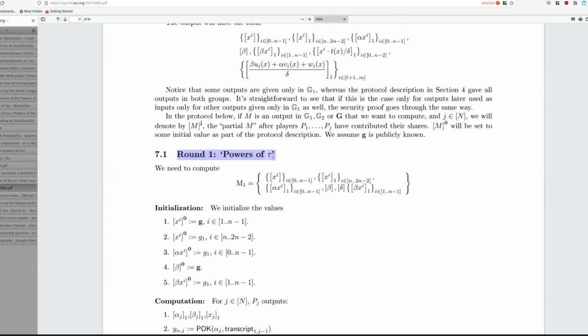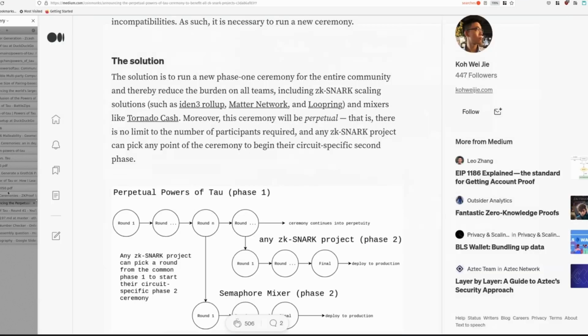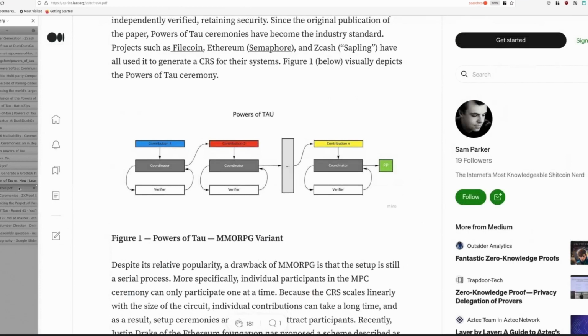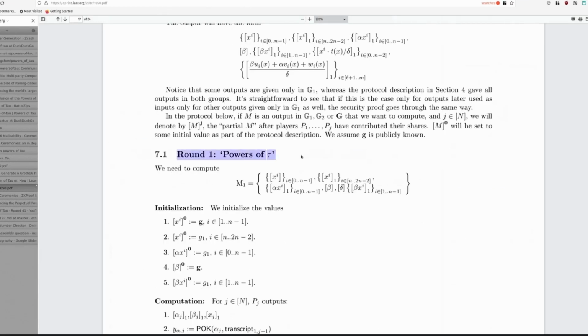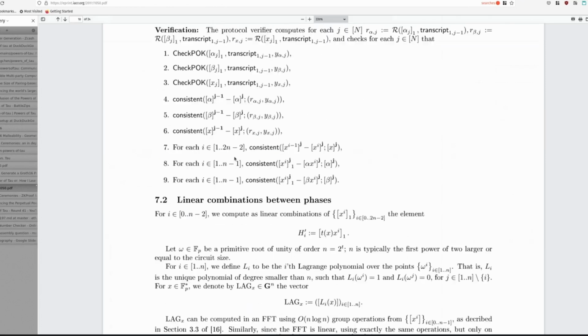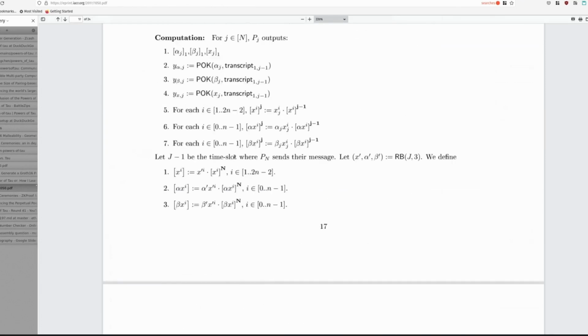Yes. So this whole paper is that thing. Oh, I see, so it's that plus an extra round. Oh, here we go. So this is the paper, and it says round 1, which is termed here the powers of Tau, and there's no mention of the circuit.